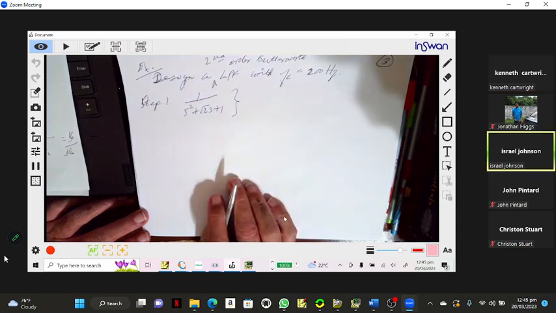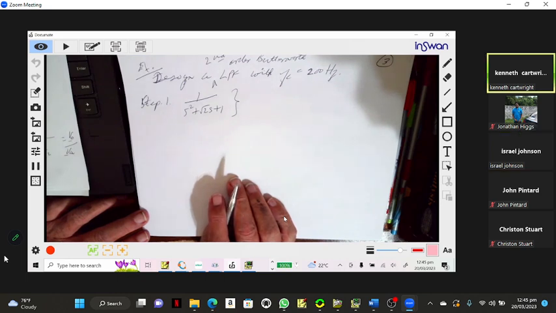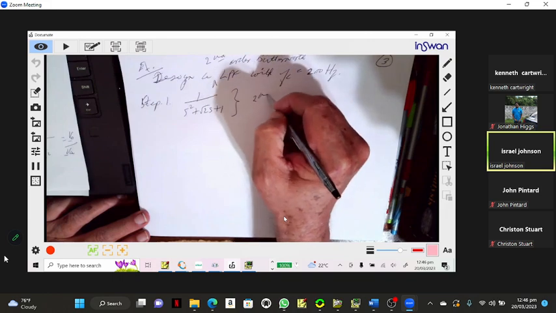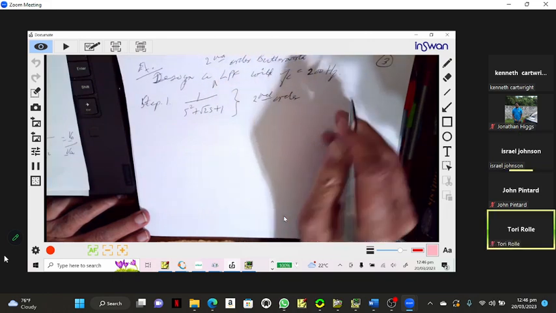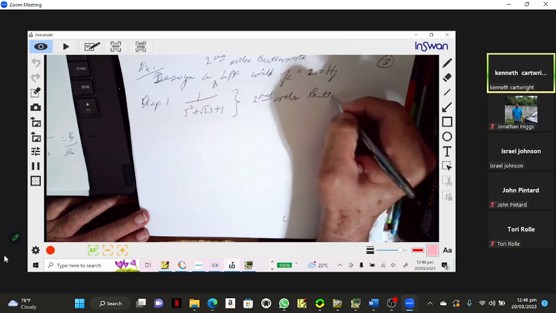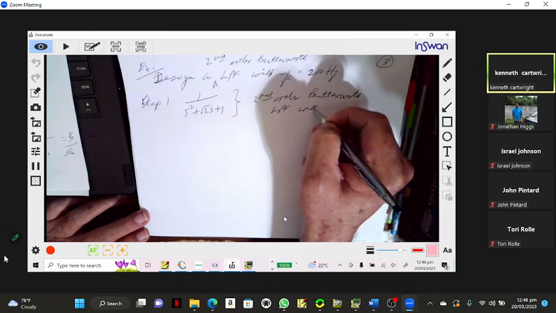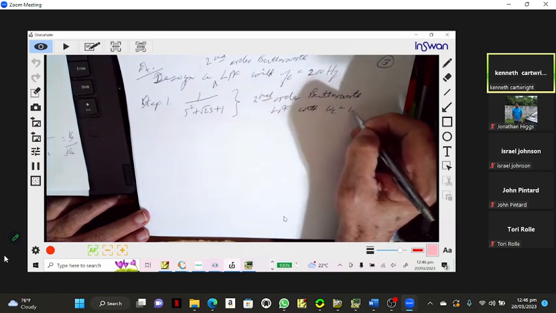That's the formula for the second order Butterworth low pass filter with omega C equals 1 radian per second.